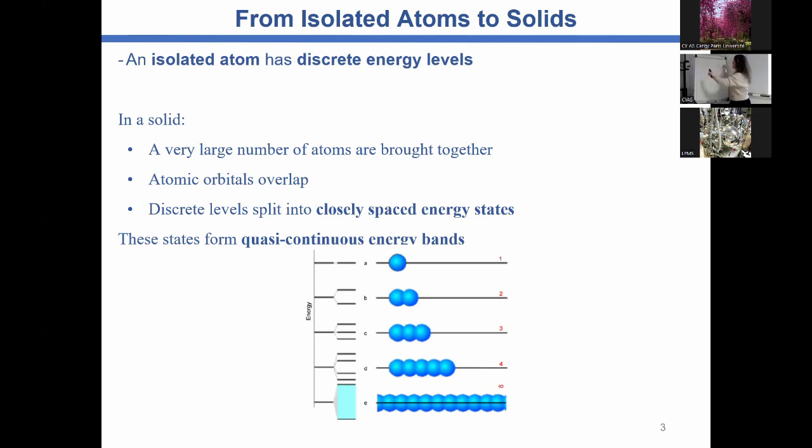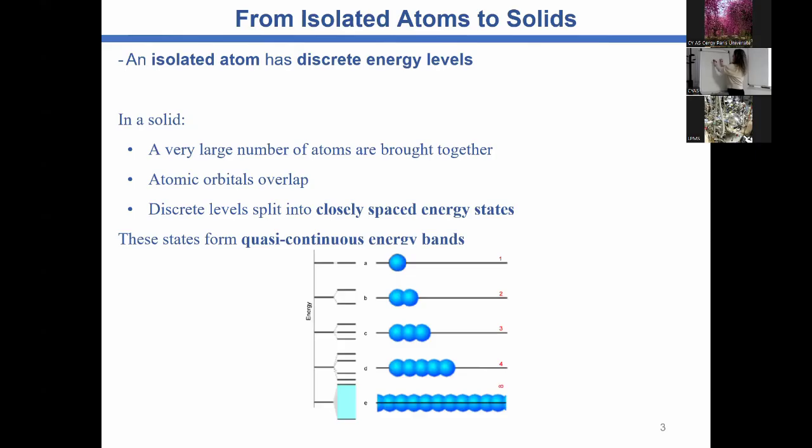When they undergo some chemical interaction, for instance a covalent bond, here in terms of distance and energy, the interaction of two electrons will create this split in energy.